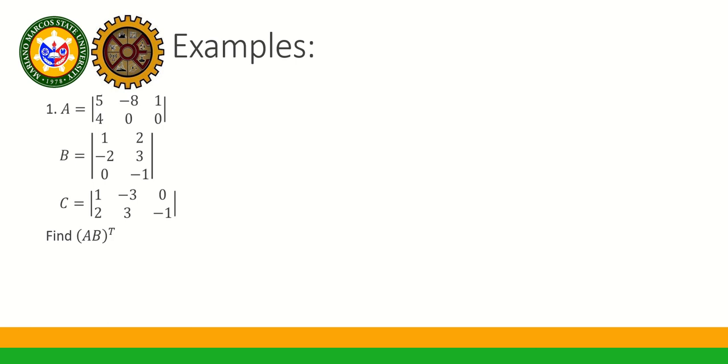So let's try first matrix A times matrix B. So, matrix A times matrix B is equal to, what is matrix A? So, how do we do this? Like what we did in multiplication of matrices, let's first put labels here.